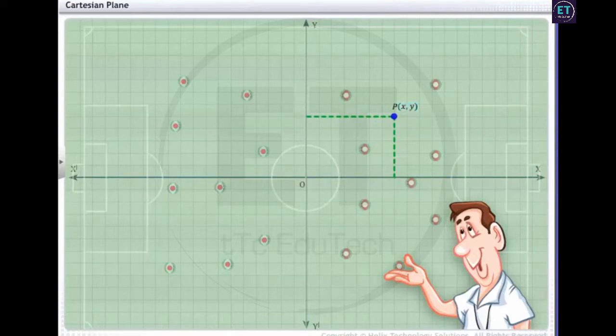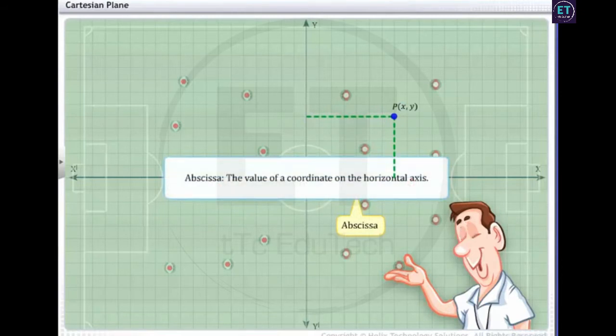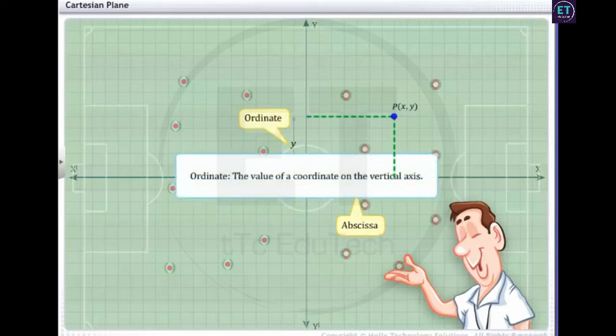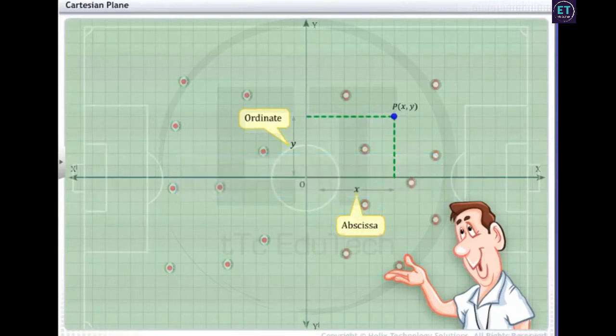In point P(x, y), x is called the x-coordinate or abscissa. Abscissa is defined as the value of a coordinate on the horizontal axis. Similarly, y is the y-coordinate or ordinate. Ordinate is defined as the value of a coordinate on the vertical axis. Thus, (x, y) is called the coordinates of point P.